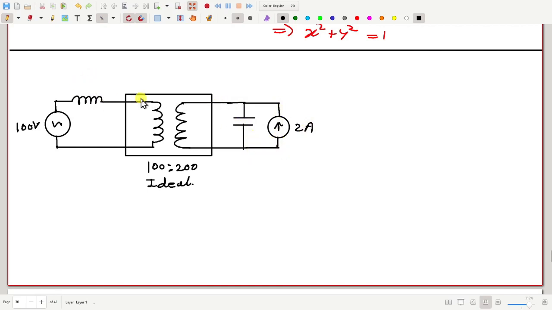Suppose this is J10 ohm, and suppose this is also say minus J10 ohm. Solve this circuit. How will you do that?